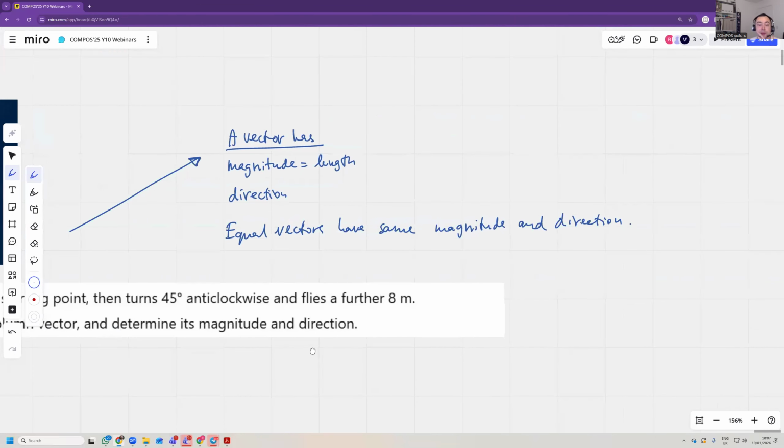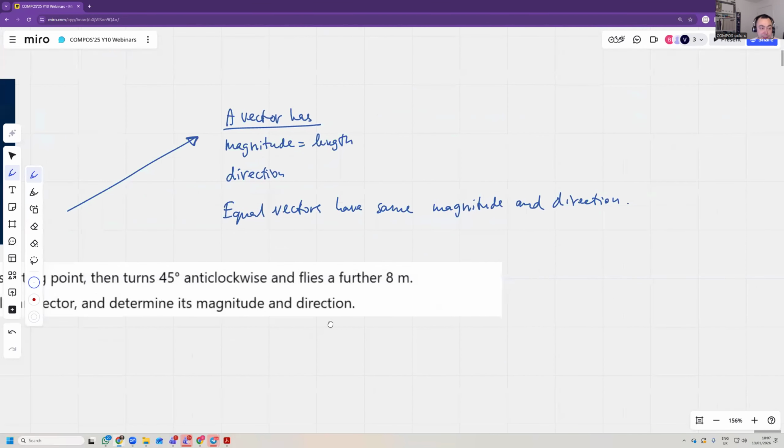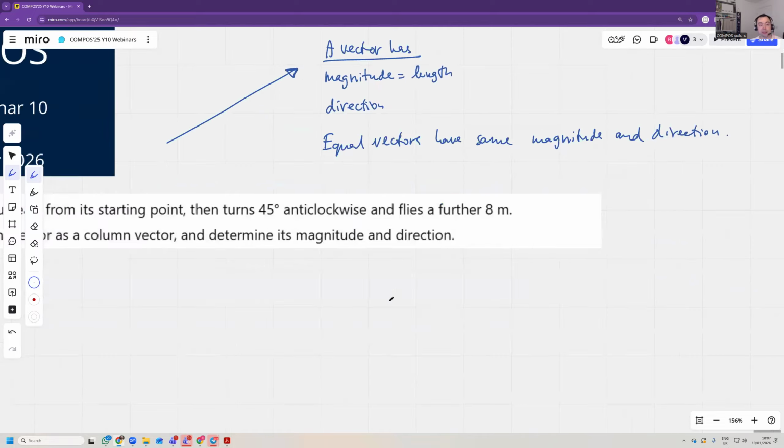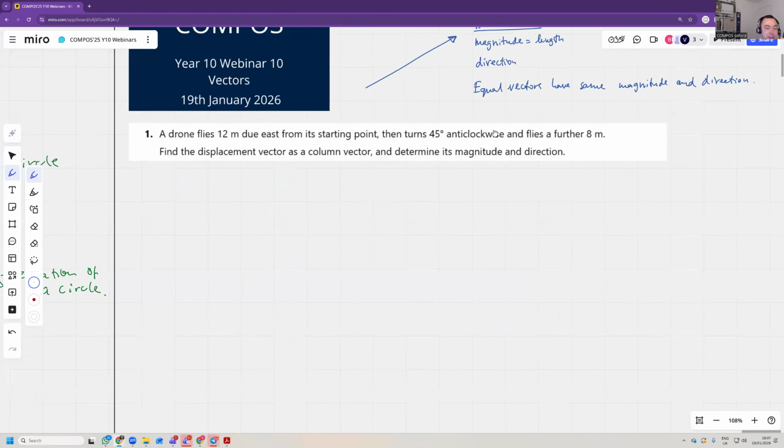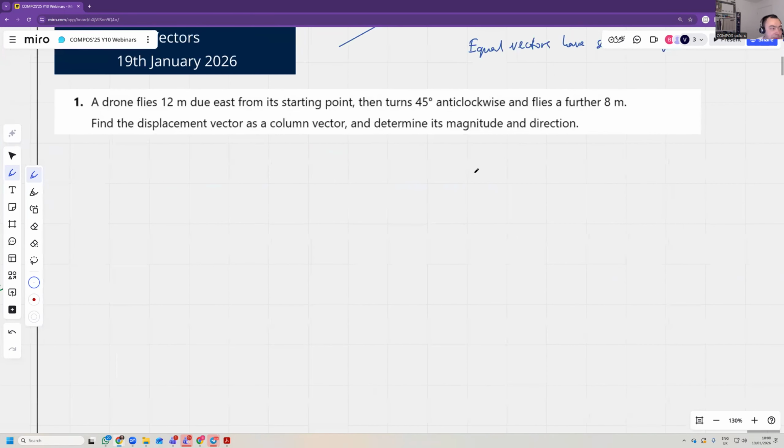A vector can be represented as a column, and I will show you a few examples here. A drone flies 12 meters due east, so this is the start. Let's say from the origin it flies 12 meters east, and then turns 45 degrees anti-clockwise.